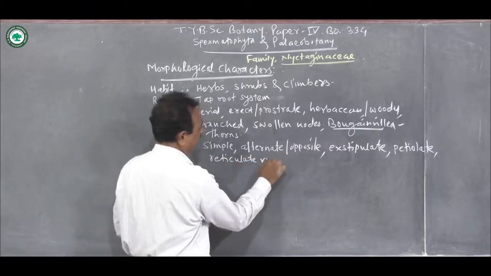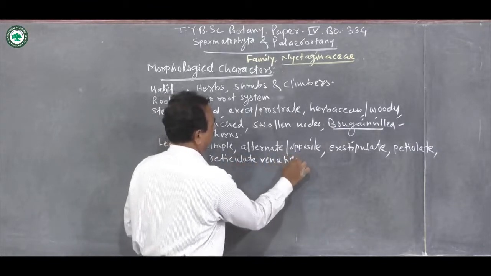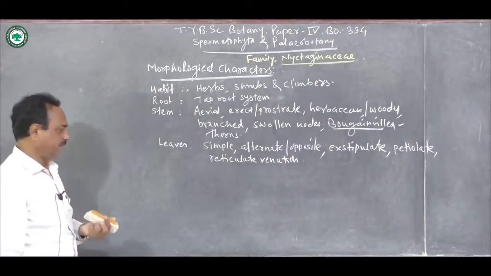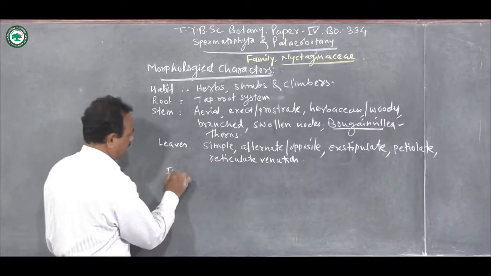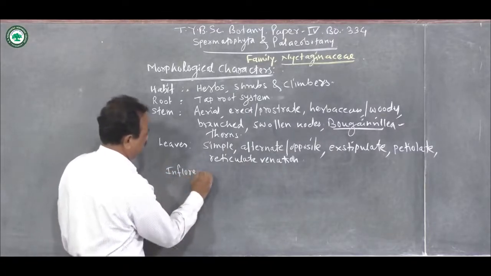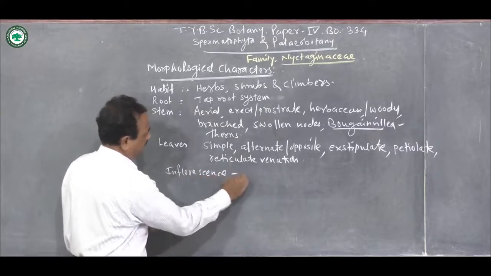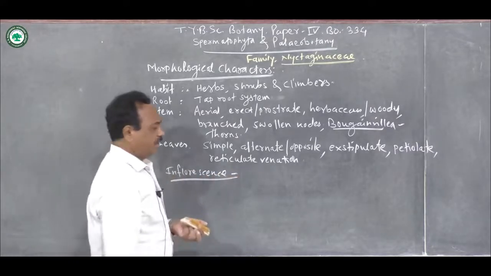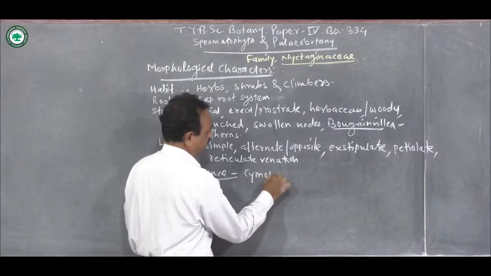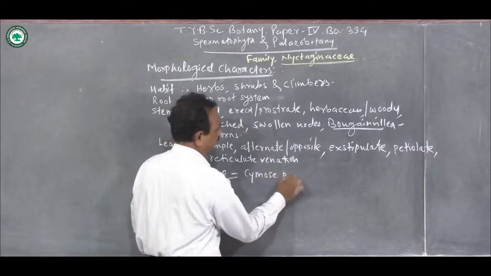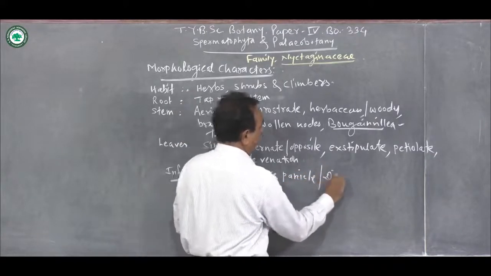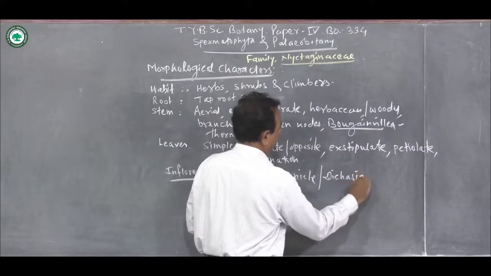As it is a dicot plant, it shows the presence of reticulate venation. If we see the inflorescence, it may be a cymose panicle, or in some plants it may be a dichasial cyme.